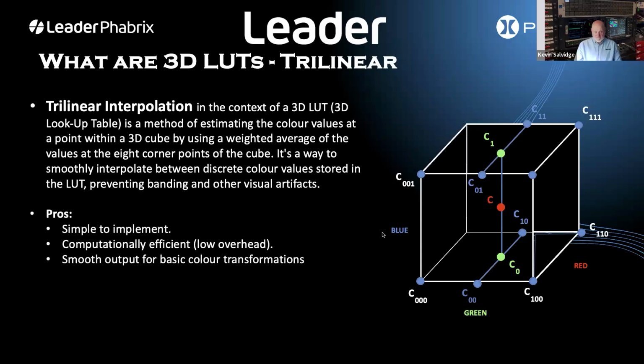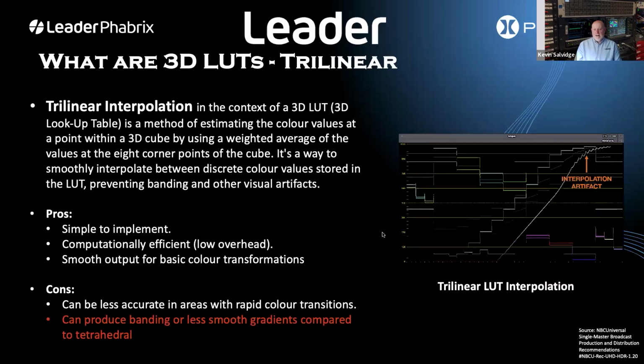The advantage of this is it's simple to implement. It's very efficient, it has a low overhead for processing, and it smooths out basic color transforms. The downside is it can be less accurate in areas where there are rapid transitions. And if you take a look at a trilinear LUT interpolation on a waveform display, it can produce banding or less smooth gradients compared to the tetrahedral one.